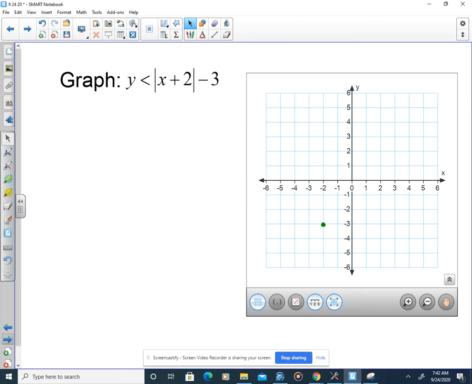So there's my vertex. Did I change the slope or the steepness? No. So it's just up 1, up 1, up 1, up 1, and so forth. And then do the other side. And it's less than, so that means the line is dashed.